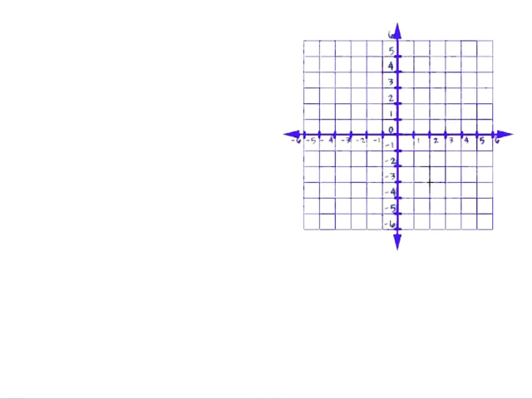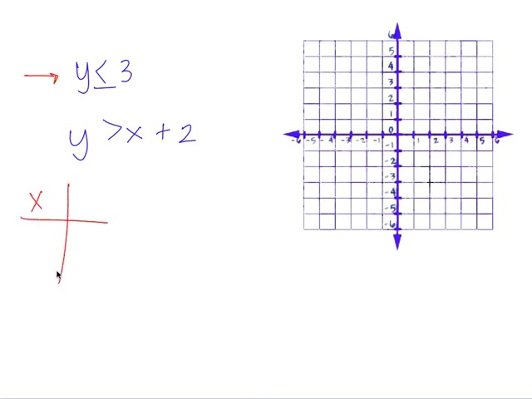So our first example is going to be y is less than or equal to 3, and y is greater than x plus 2. So the first thing I'm going to do is graph this top one, and I'm going to use a table to help me.